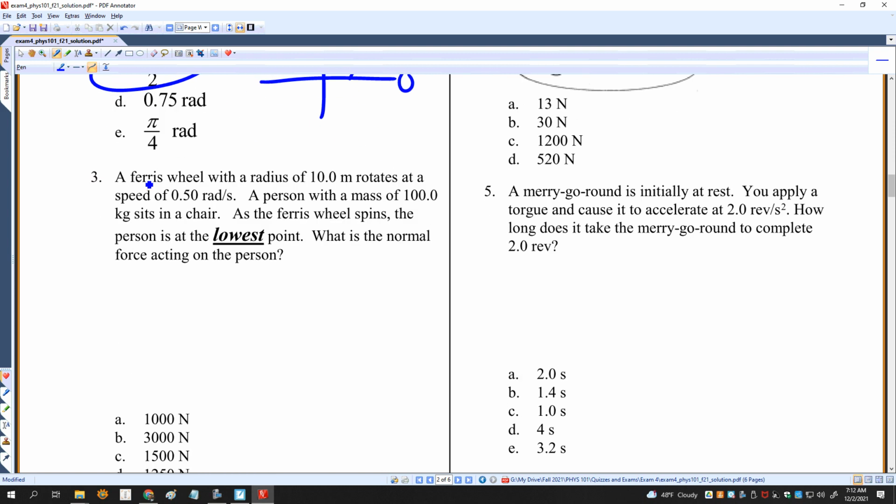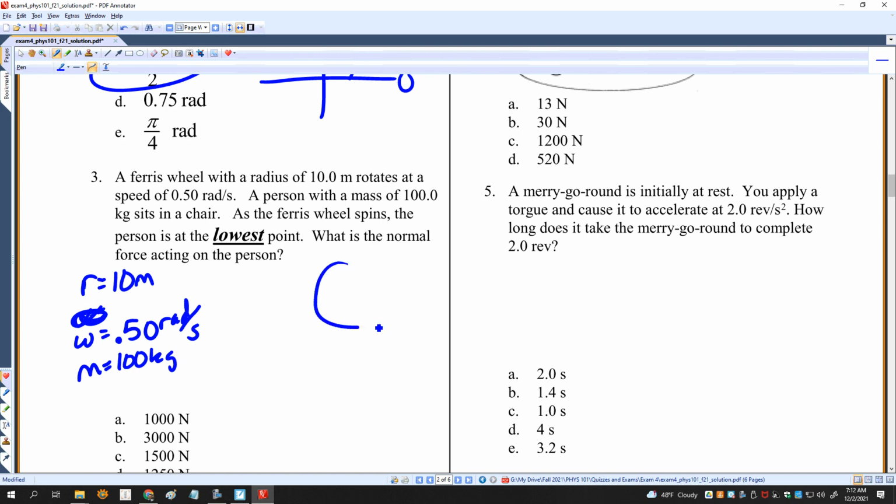Ferris wheel has a radius of 10 meters. And the speed, sorry, that should be omega, equals 0.5. And mass of 100 kilograms. And I'm looking at the lowest point. So here's my Ferris wheel. I'm at the lowest point. I have a normal force and a weight. My acceleration, which is my centripetal acceleration, is in that direction. So Fn minus Fw is equal to m times a.